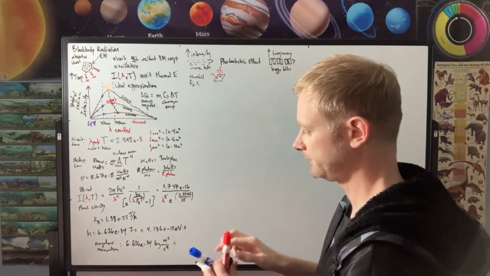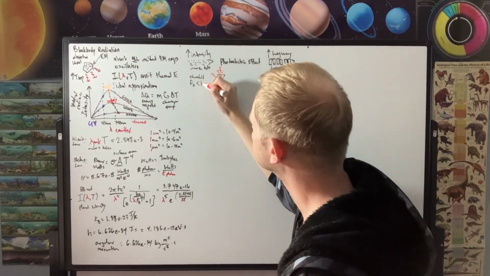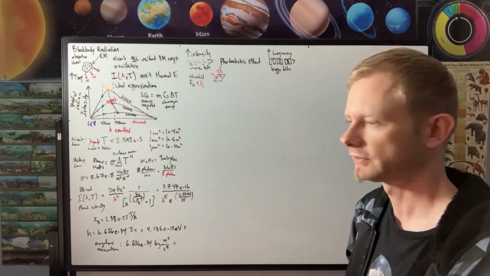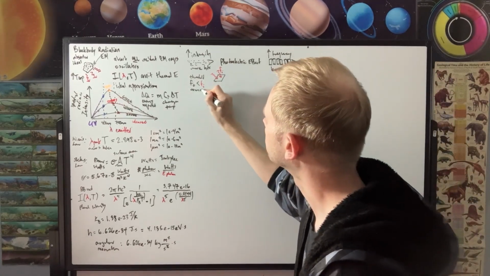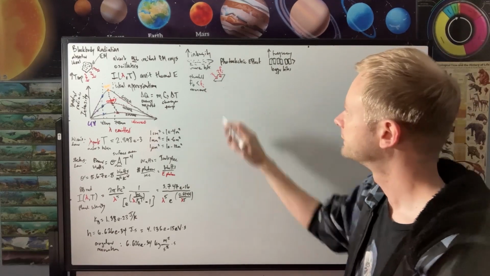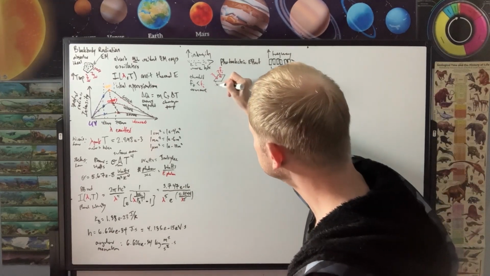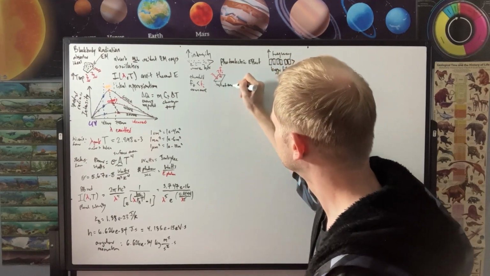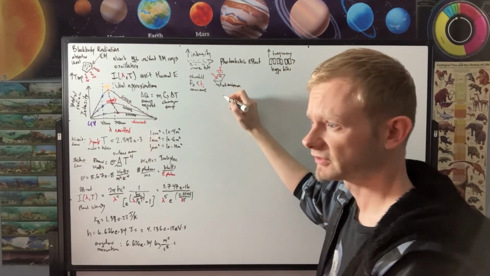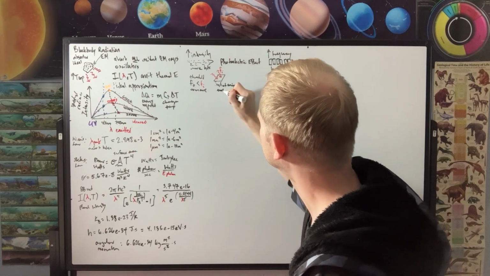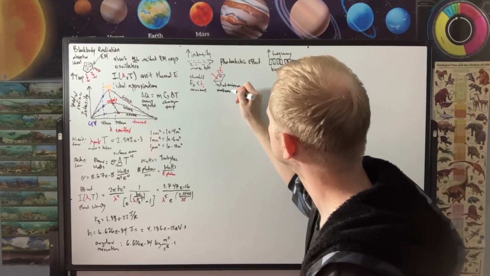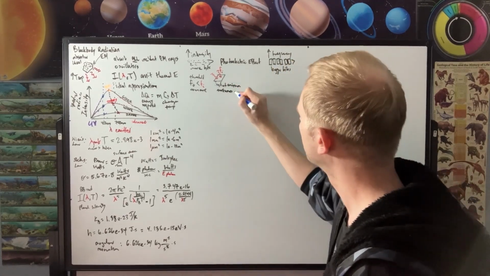So this incident frequency has to be greater than this threshold frequency. And once we do that, what happens is we get an instant emission of a surface electron. Let's just keep things simple for now. Here's the surface electron that is being emitted.